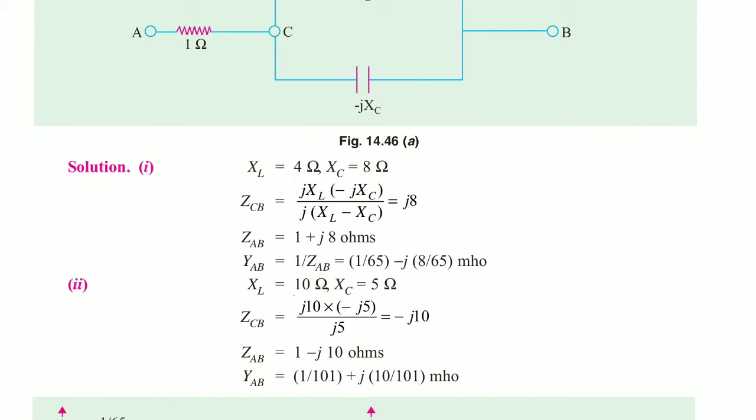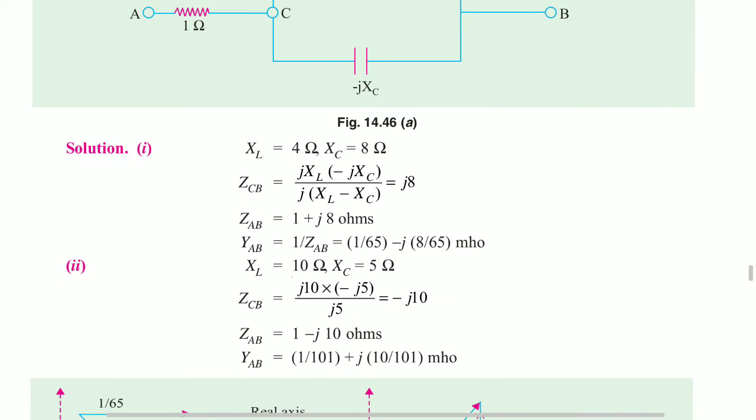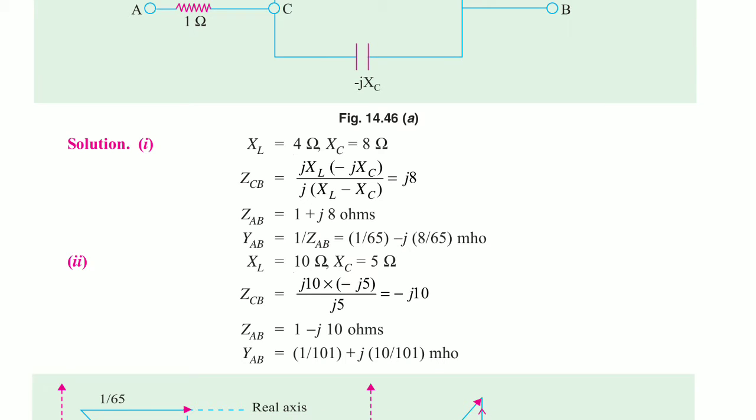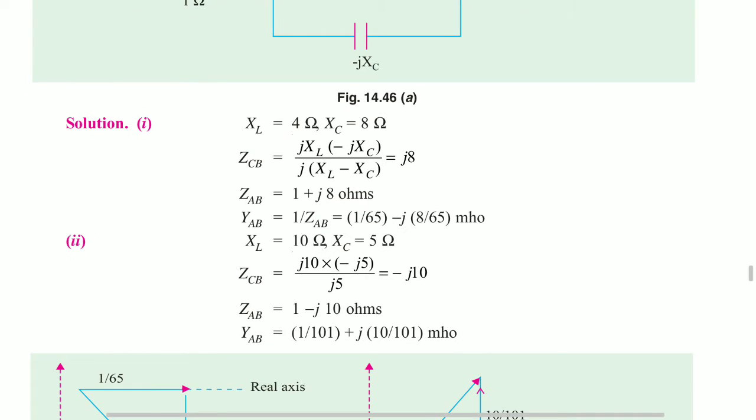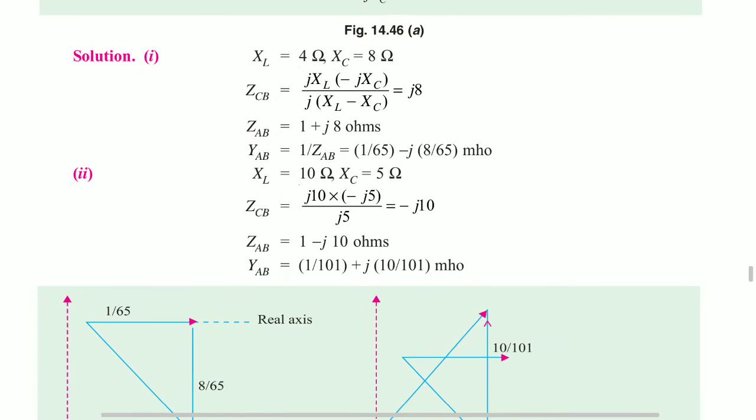From this we can say the resultant circuit is an RC circuit. Now the admittance of this second condition, YAB, is equal to 1 by 101 plus j10 by 101 mhos. That is the second case.